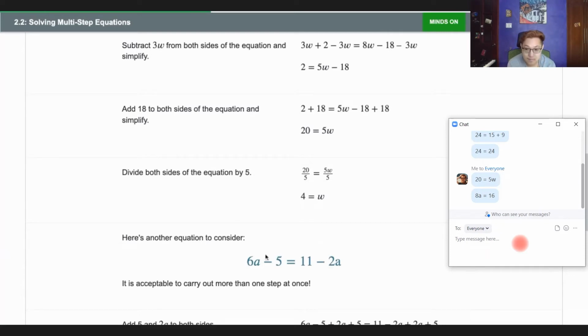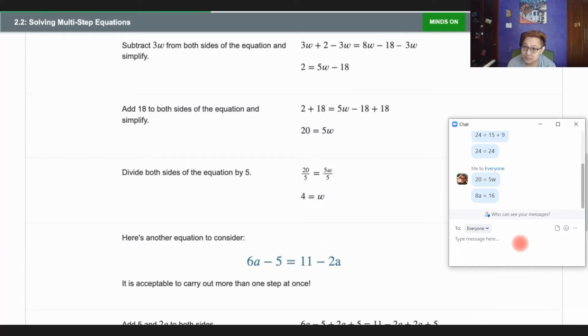So moving it to each side will become positive. So 8a is now equal to 16.